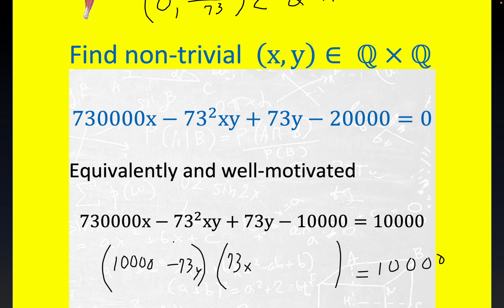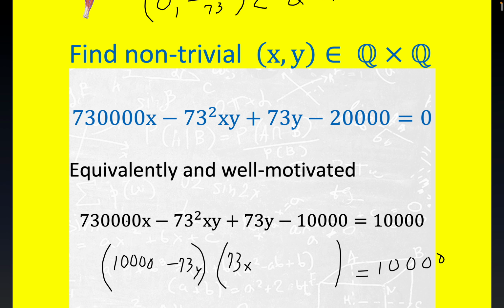Again, folks, we've already gotten this term taken care of by putting these two guys in this position, right? But we also have this term 730,000. So we have to put the 10,000 factor right here to get this to happen. I mean, this times this gives you that, right?